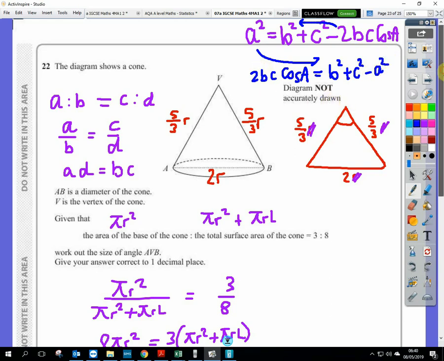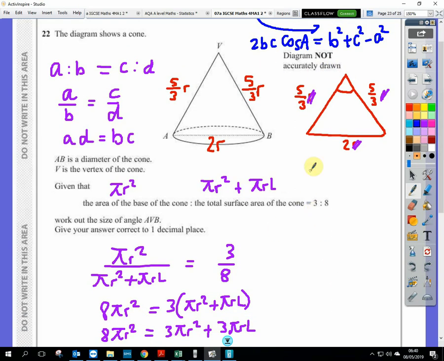Then if I divide by 2bc, I end up with cos of A is equal to b squared plus c squared minus a squared over 2bc. Now, in the cosine rule, b and c are the sides that sandwich the angle, but it doesn't really matter which one is b and which one is c, as long as they're either side of the angle. And that means the one opposite the angle must be a.